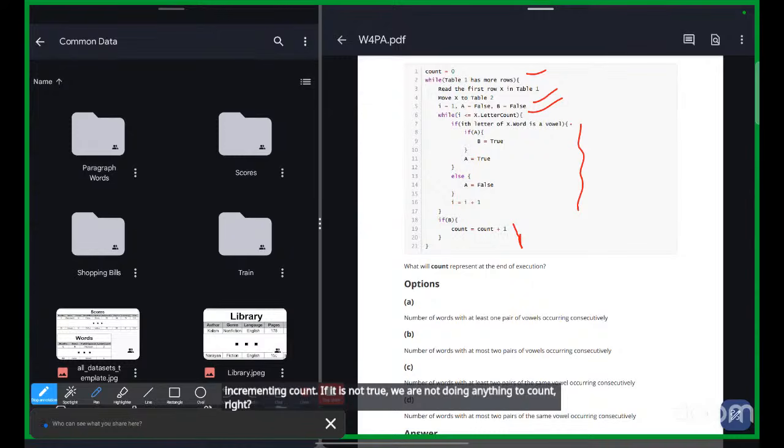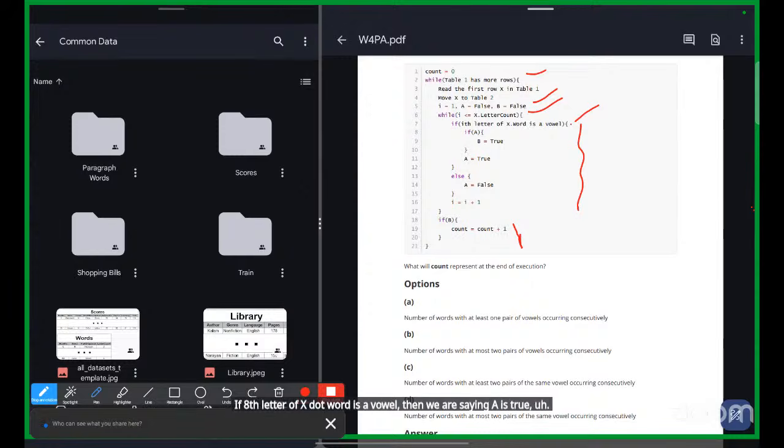Now we need to check the while loop from line number 6 to 17, what it is trying to do. So first, in the if condition in line number 7, if the ith letter of x dot word is a vowel, then we are saying a is true.